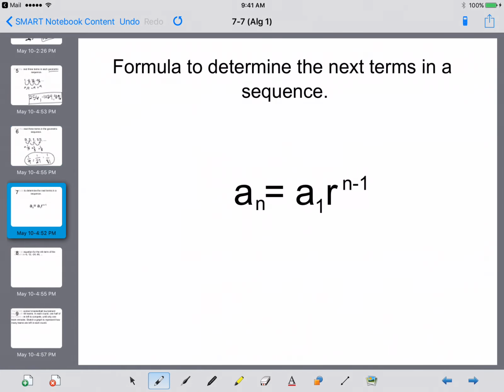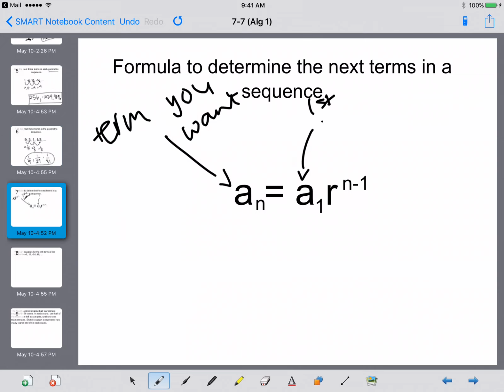Now, coming down to it, there is a formula that you can create to describe and determine the next terms in your sequence. So if you want to figure out the a sub n, so that's like the term of some number. So this is the term you want. So if you want the 5th term, it would be a sub 5. Your a1 is the first number in the sequence.